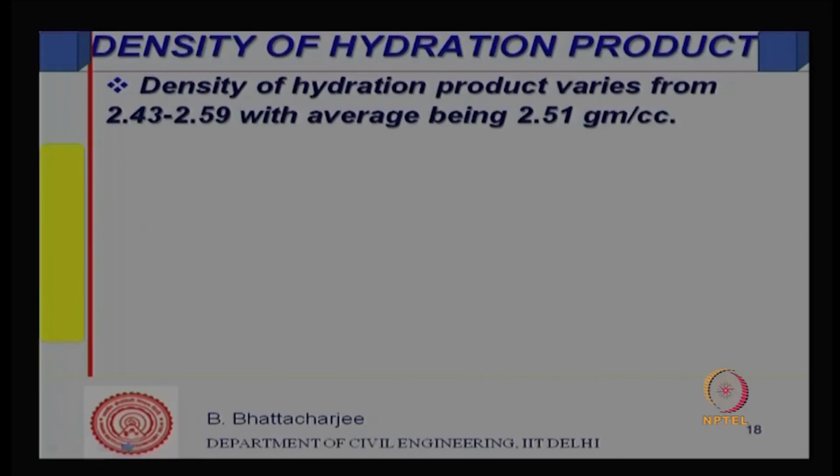the solid product of hydration, varies from 2.43 to 2.59, and if you look at the average, it will be 2.51 grams per cc.